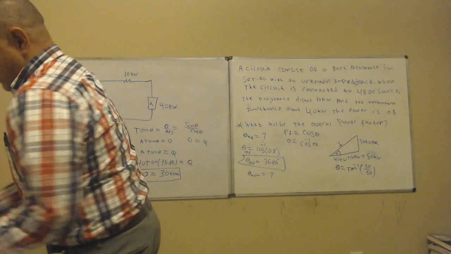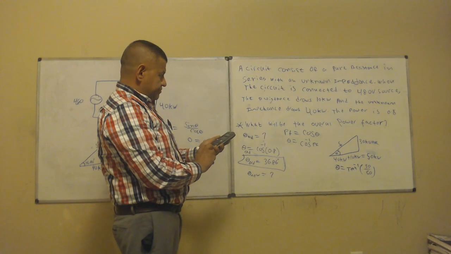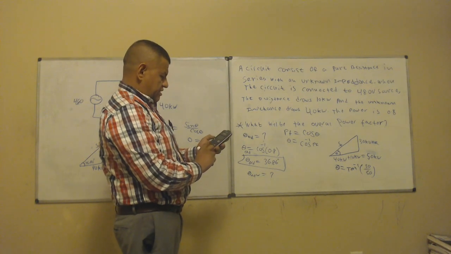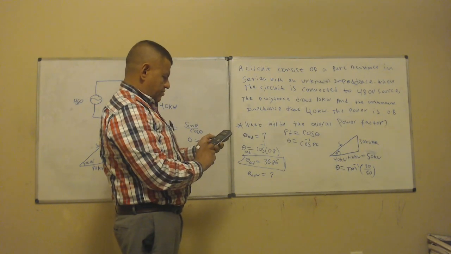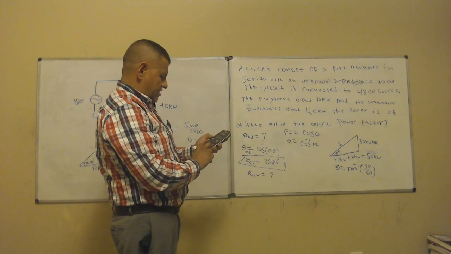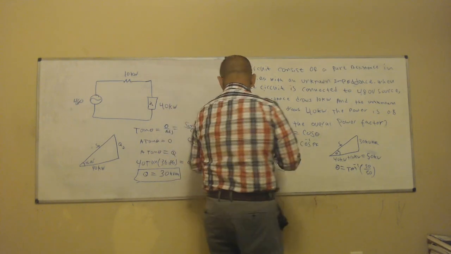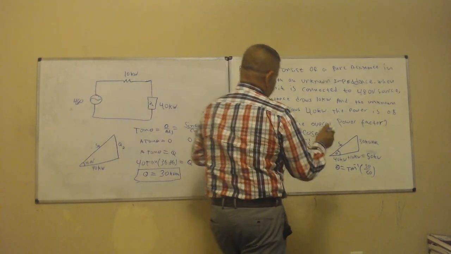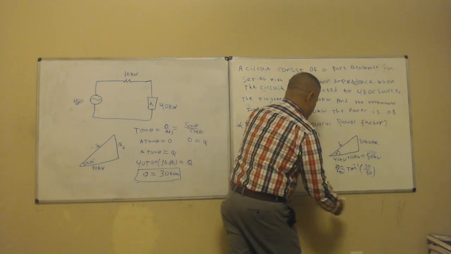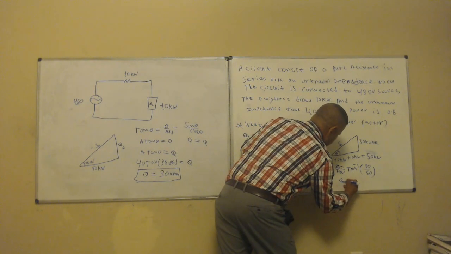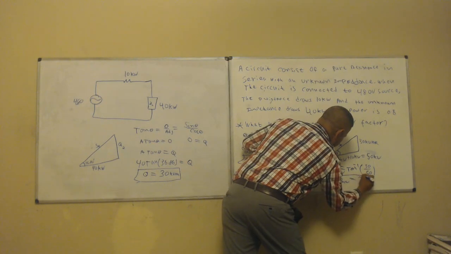Which is going to be equal to inverse tangent of 30 divided by 50, and it's going to be 31 degrees. So theta is going to be equal to 31 degrees, right? So now theta new is equal to 31 degrees, right?